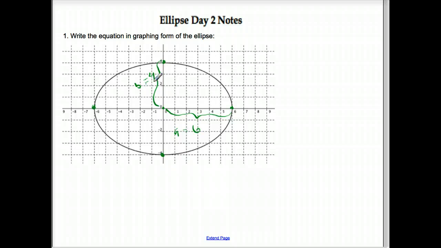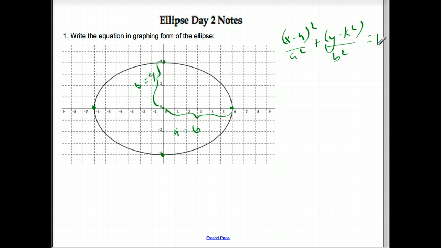Our general form of the equation is x minus h all squared over a squared plus y minus k squared over b squared equals 1.